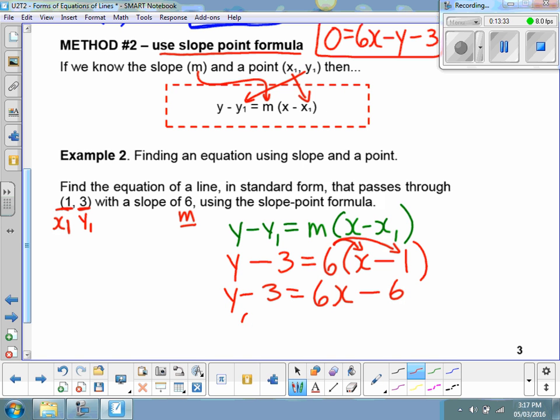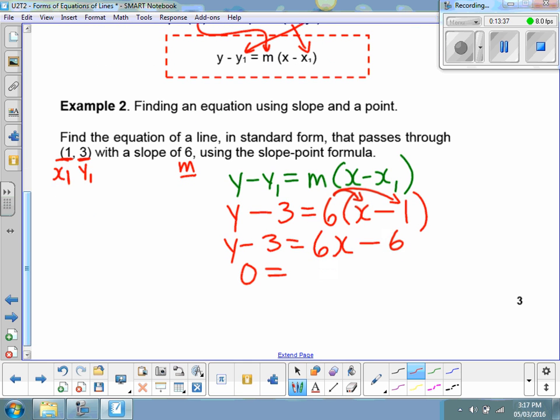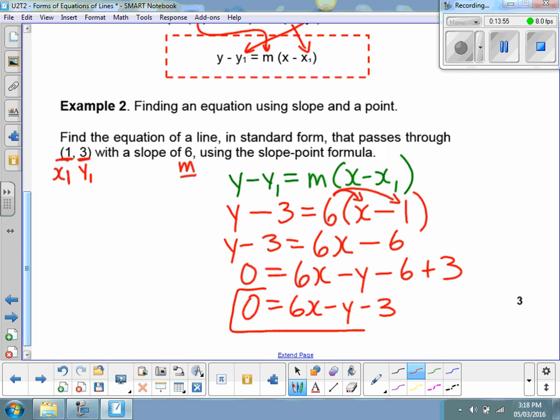And then I'm going to move things over to the right side. So I have 6x. The y is going to become -y. I've got -6. And then that -3 moves over and becomes +3. So when we simplify that, you can see we end up with the exact same answer there.